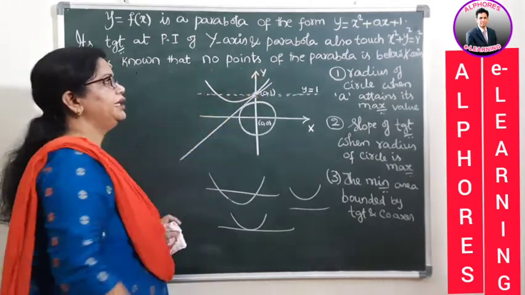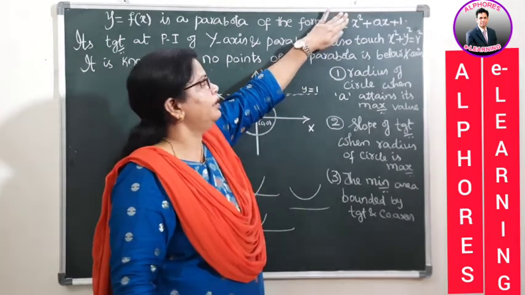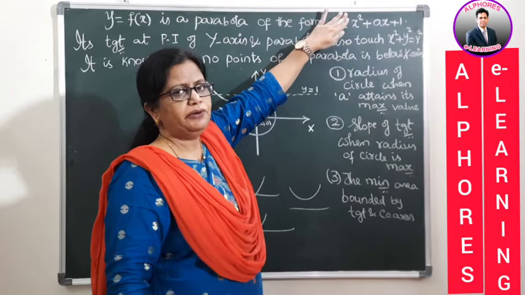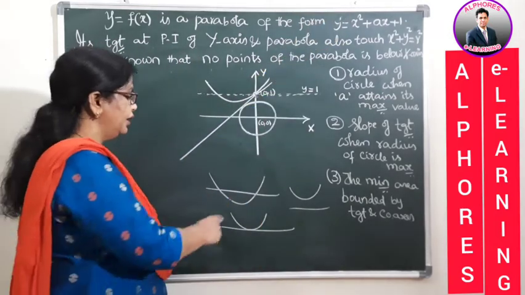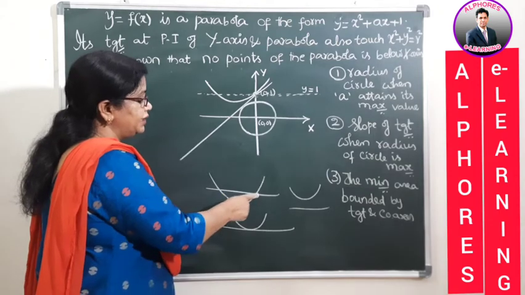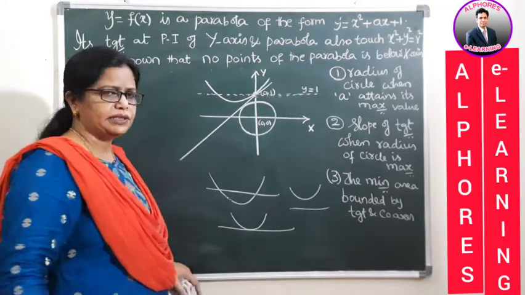When can we say it is coming in this way? If the quadratic equation has real roots, whether distinct or equal: if they are distinct, it intersects the x-axis; if equal roots, it touches the x-axis.